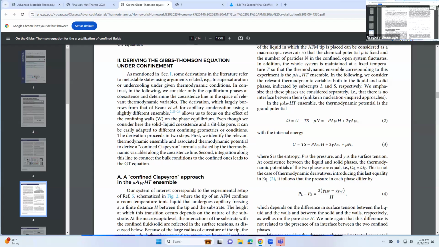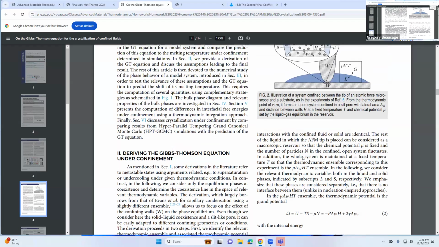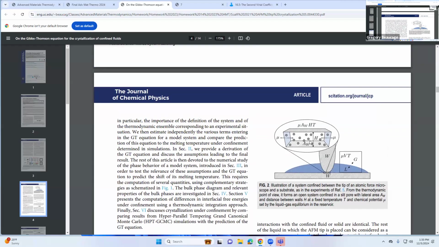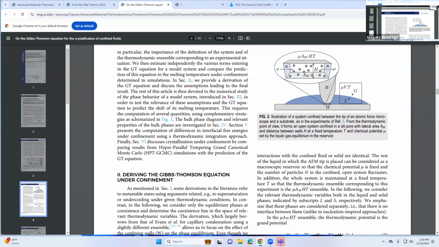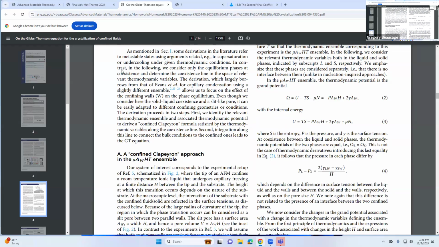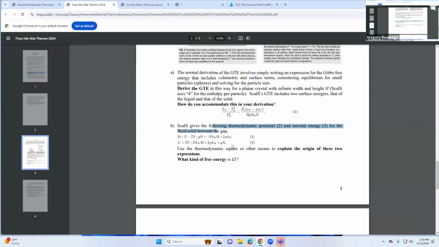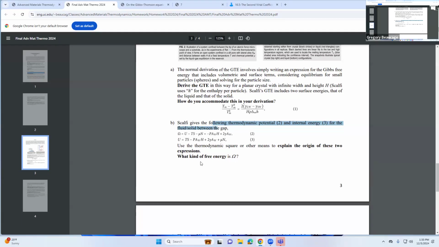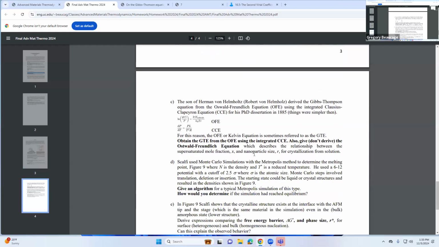He only talks about entropy, internal energy, and free energy. So he never talks about enthalpy. H is always his gap height. It makes it a little confusing, but anyway, it explains the origins. That's more or less what I said there, and the free energy is a Helmholtz free energy.